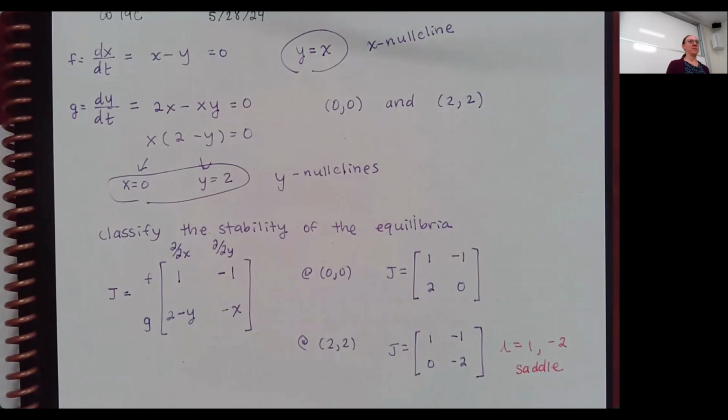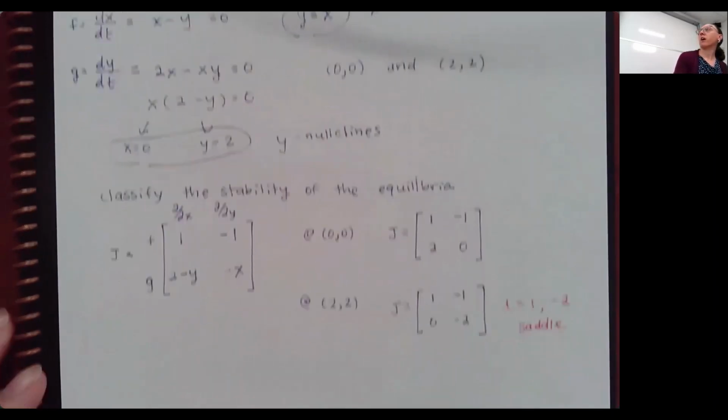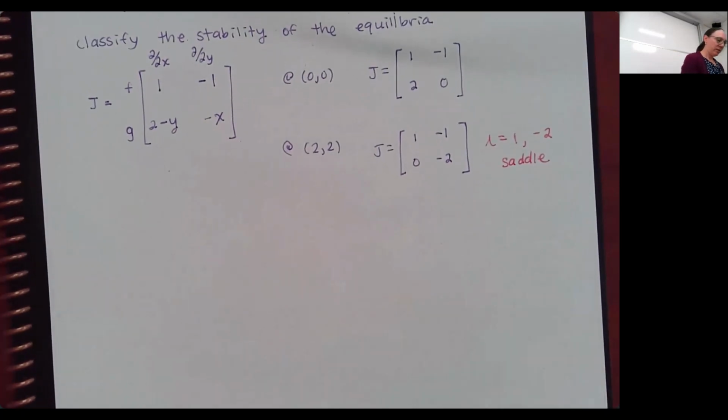I really need to know the stability before I try to draw it. What drawing it is going to show me is the direction that it's spiraling, whether it's spiraling clockwise or counterclockwise. But the eigenvalues are what's going to tell me whether it's stable or not. So let's go ahead and find those eigenvalues for the 0, 0 Jacobian.